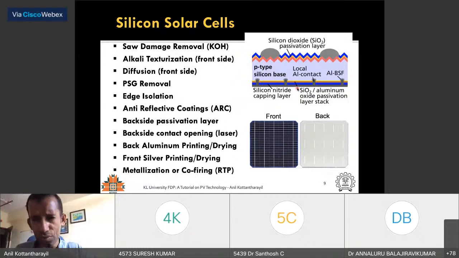Sputtering can be used, but that's not an industrial process because it's quite an expensive technique. But you can definitely make solar cells using sputtered oxide, silicon nitride, and so on. For example, I had a PhD student who looked at sputtered aluminum oxide for passivation of silicon. This can be tried, but nobody uses it commercially.